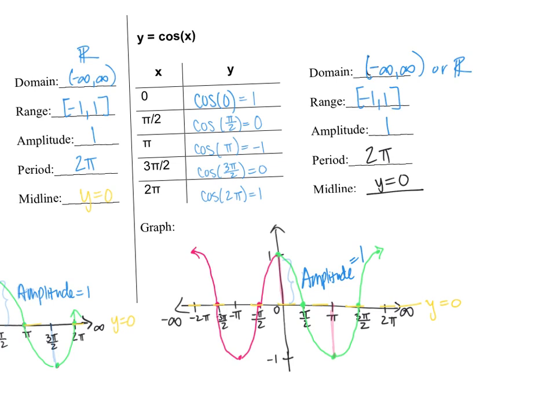So period, again, tells you the x value length of the revolution. So one revolution here is this U shape, and we can see that this U shape starts up, comes back down, goes back up. So this characteristic is extended from 0 to 2 pi, so I know that length is 2 pi. And so that's going to be referred to as our period.